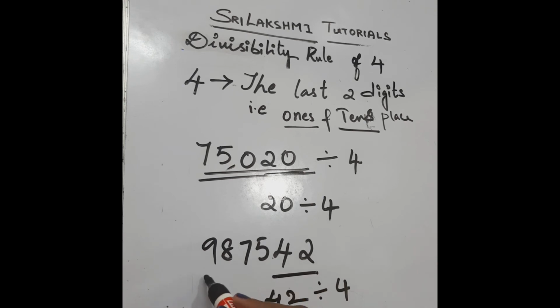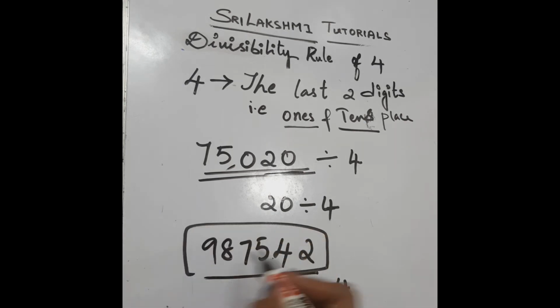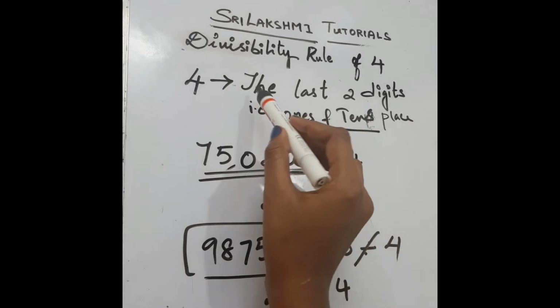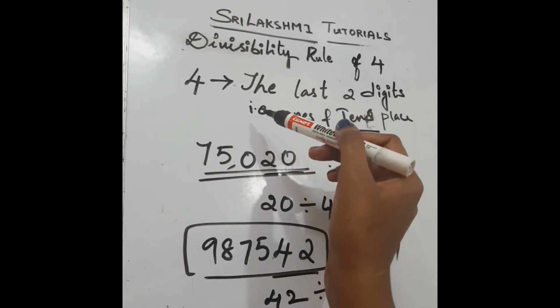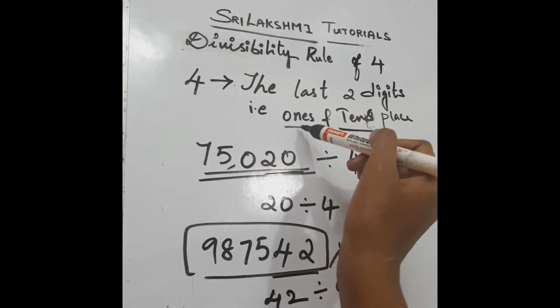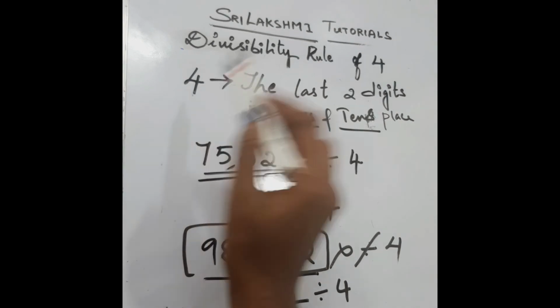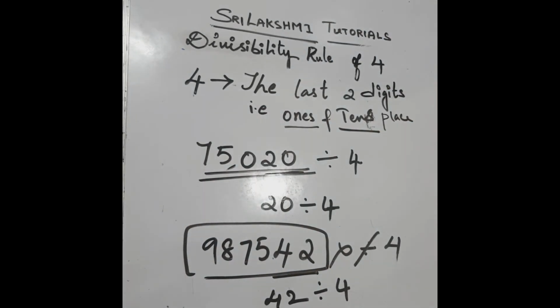Then the given number is also not divisible by 4. Now I'll repeat again. If the last two digits, that is the ones and tens places, of the given number are divisible by 4, then the whole number is also divisible by 4.